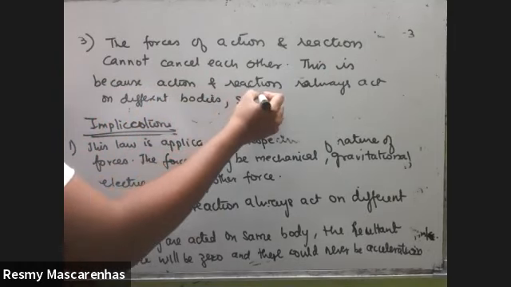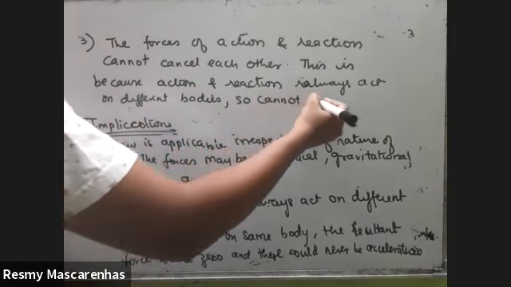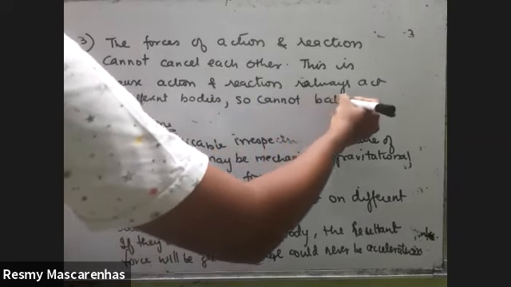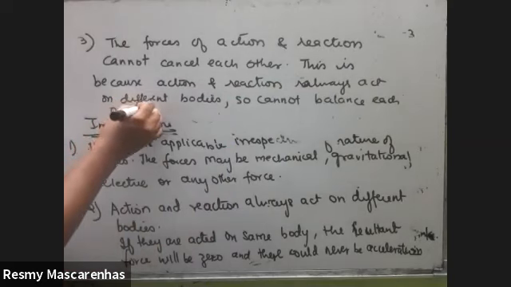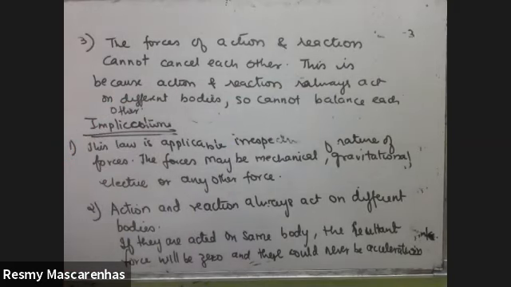So they do not balance each other. Same like that cupboard and the man example, you remember? Or a box and the man example. If it balances, it will never move. So something has to disbalance. Some force has to be more than the other.